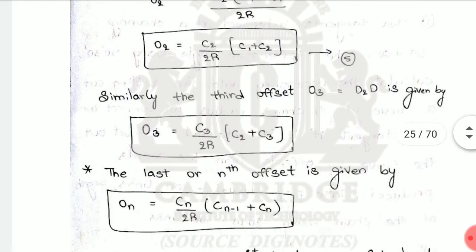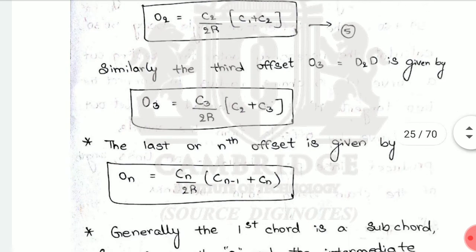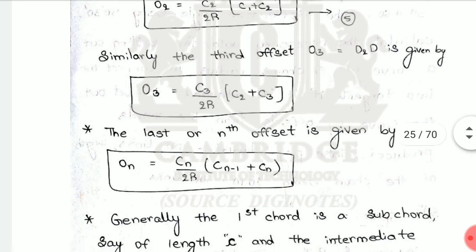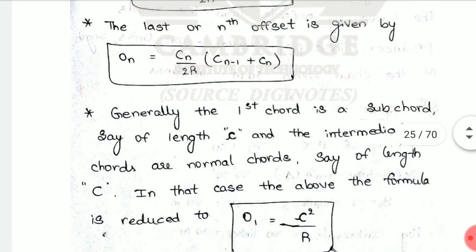The same process follows for O3 and up to On, which is cn by 2R into the bracket cn minus 1 plus cn. Generally I will generalize this equation.